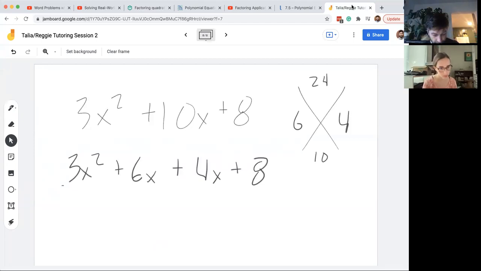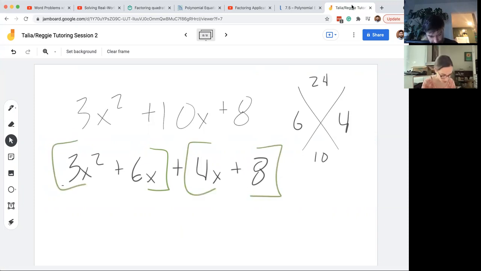Okay. So now you have 3x squared plus 6x, and you have 4x plus 8, and then you have your one coefficient and one variable on one side. So you factor out x on the left.